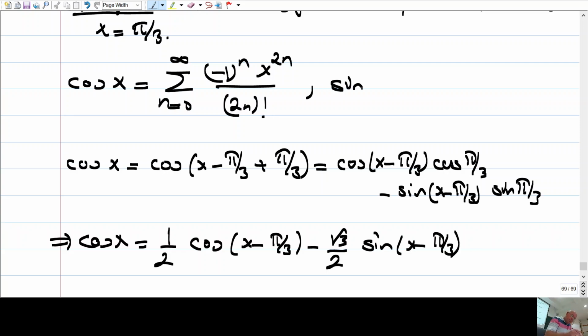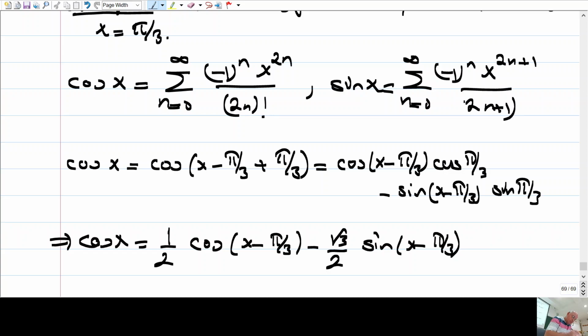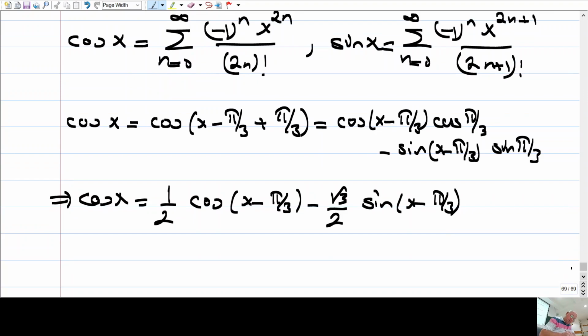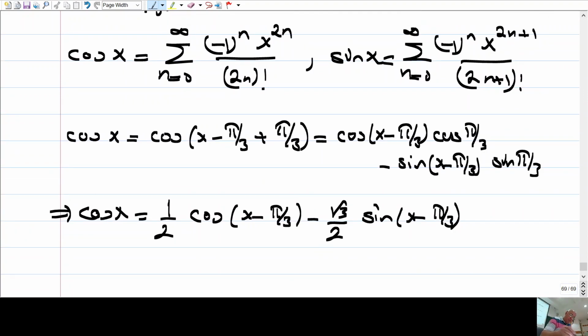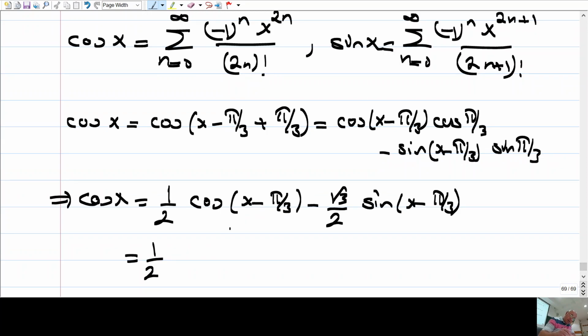And so I need also this gadget. This was just this. And finally, I'll just write these from these formulas. Instead of x, I will write x minus pi over 3 here and here. So we get what? 1 over 2 times cosine x minus pi over 3.